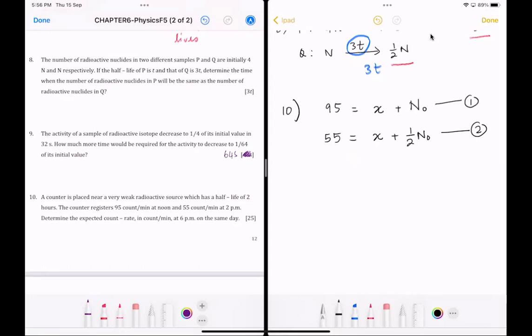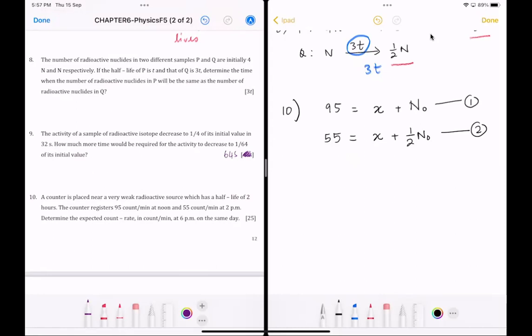It is not so much in comparison to the source. But this is a weak source. So that means the source may be as big as the background radiation here. Yeah, so that's why the background radiation is important here.